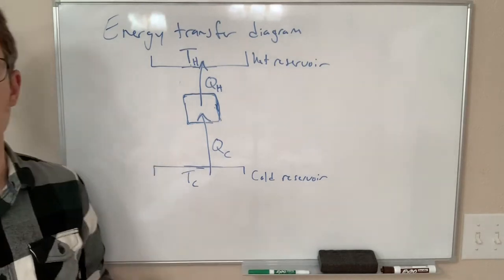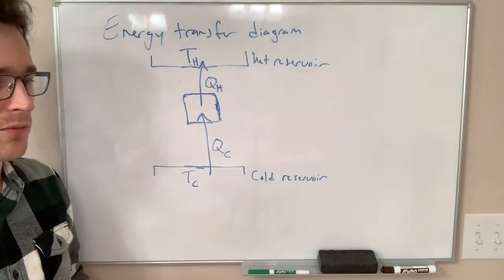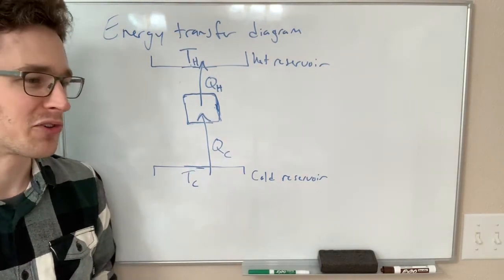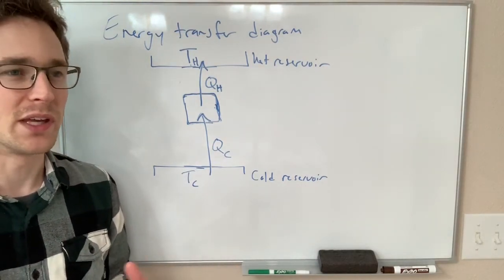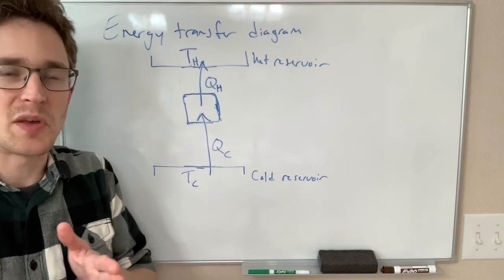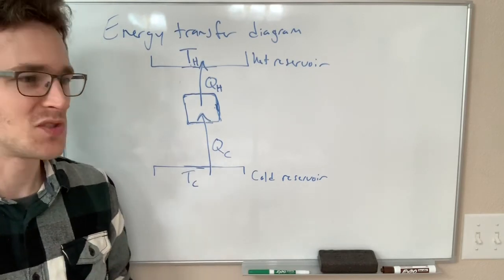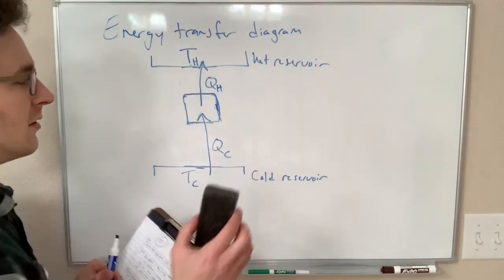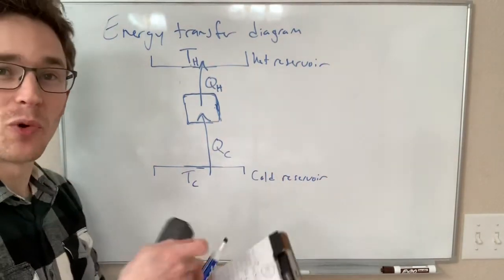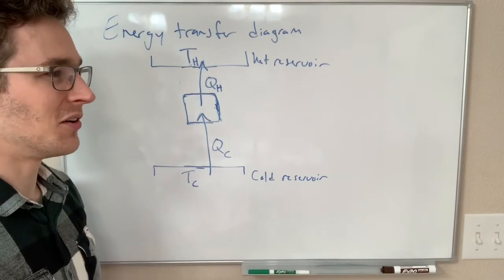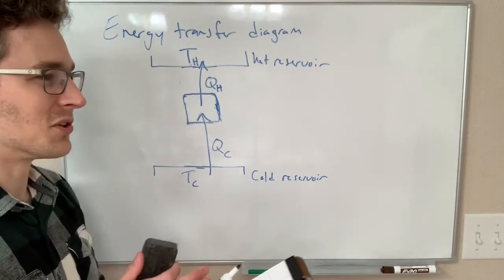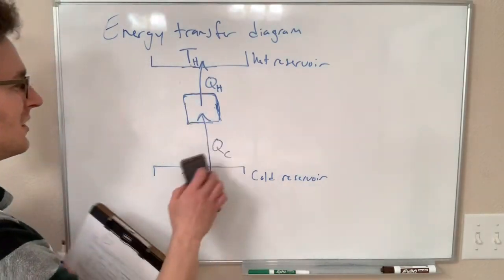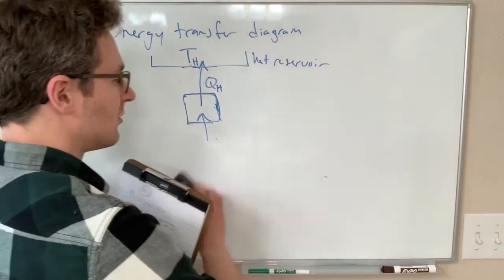So this violates the second law in the same way that if we start with a mug of coffee with milk in it, we can't have the cold milk separate itself from the hot coffee spontaneously. That's not something that happens. Now, if you were careful and wanted to sort out these milk and coffee molecules, you could maybe do that, but even then, that's going to take a lot of work.